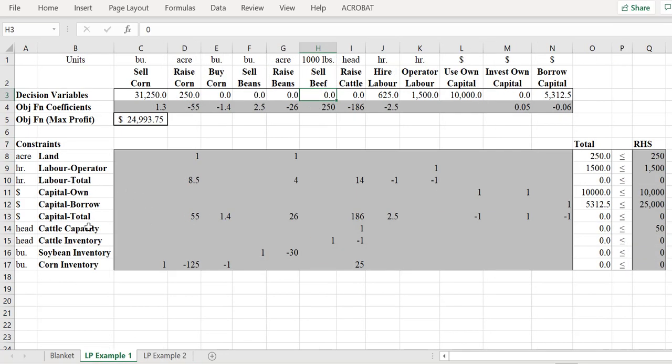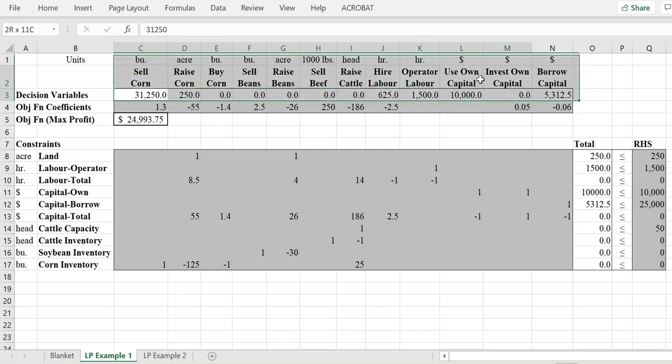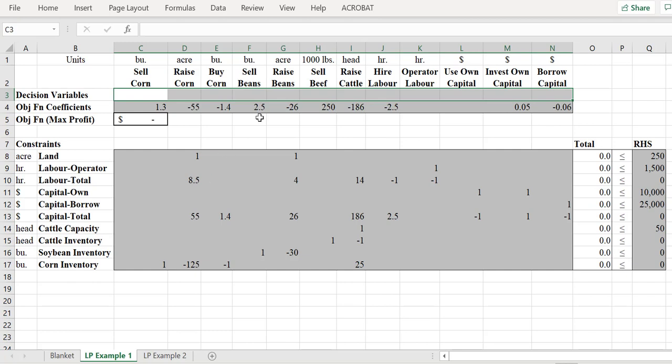So let's look at this one. There are already values there, so this is a solved version. Let me first get rid of those solutions. And then this is the setup. You can verify that the coefficients should be the same as what I derived in the last lecture.